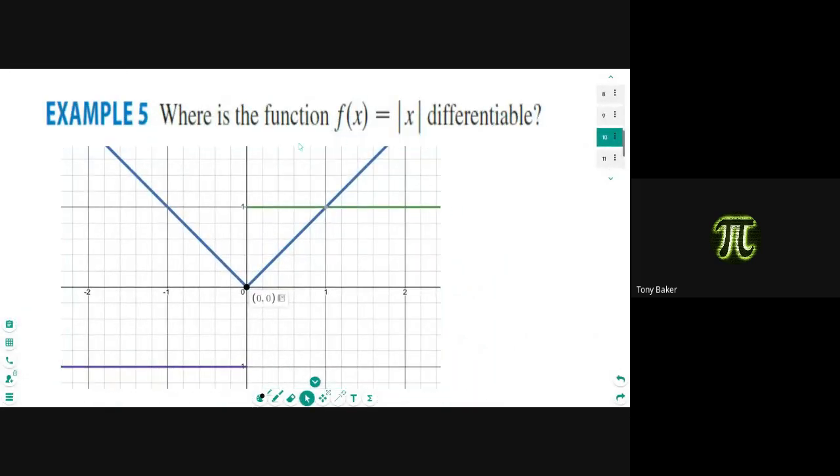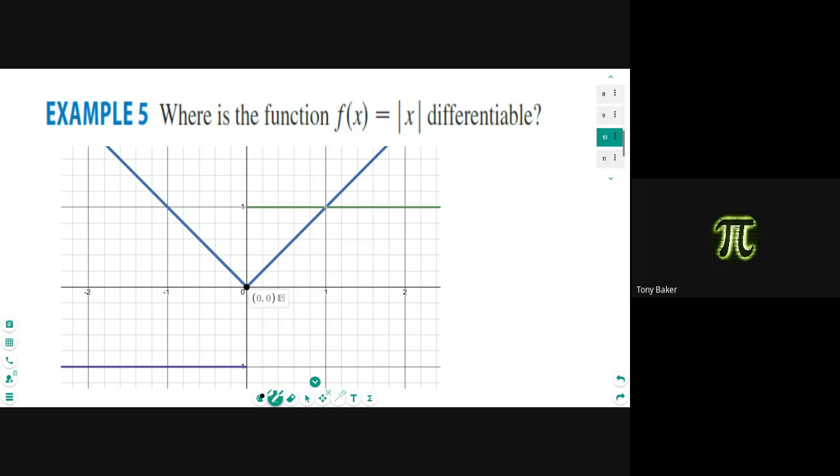Okay. So the absolute value of x is differentiable only in either direction. It is differentiable when you can take the derivative of it. So it's kind of like, does the limit exist or not? That's the concept.